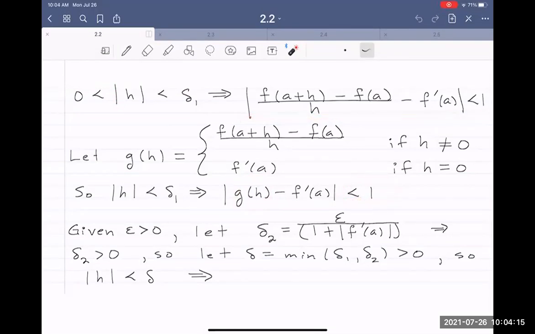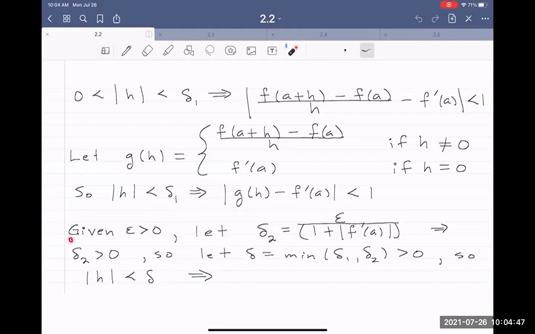That's why I don't need a 0 here. If h were equal to 0, then g is just equal to f prime, and f prime minus f prime is 0, which is less than 1. So no matter what, if h in absolute value is less than delta 1, then g of h minus f prime at a in absolute value is less than 1.